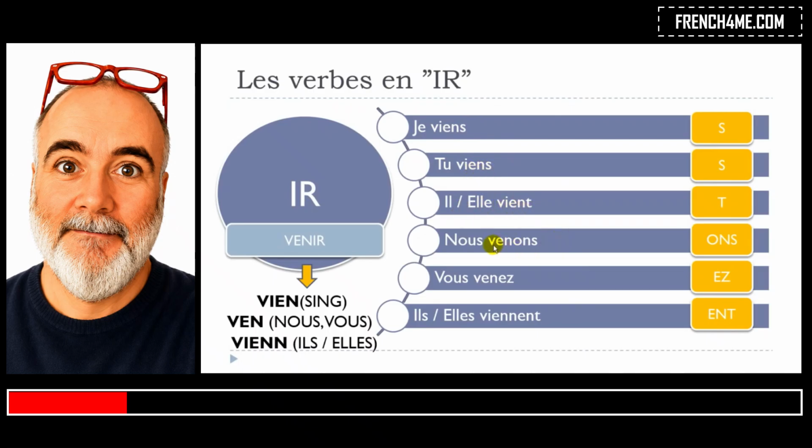Then you will get this venons, keep in mind that it's really venons, venez, and the last one, because you've got this double N here, you need to pronounce it, and that's the reason why you should pronounce it viennent, viennent, okay? So, ils viennent, elles viennent. So, just one more time to make it clear. Je viens, tu viens, il vient, elle vient, nous venons, vous venez, ils viennent, elles viennent.